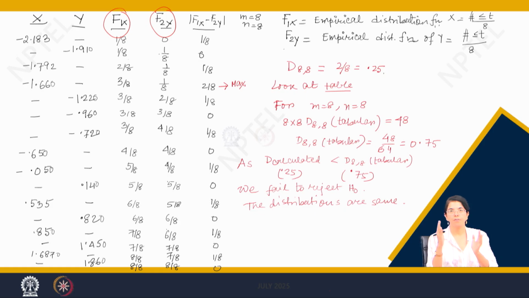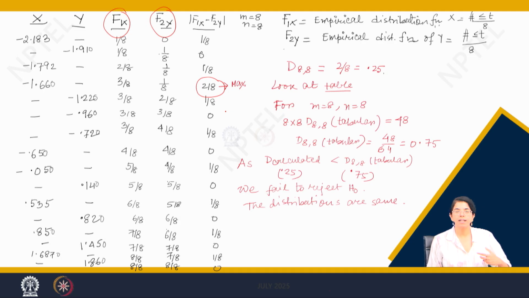Then you find the absolute distance between the two empirical distribution functions, and pin out the maximum distance, which occurs at 2 by 8.